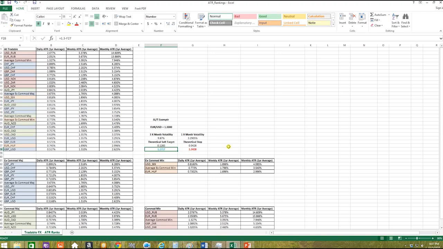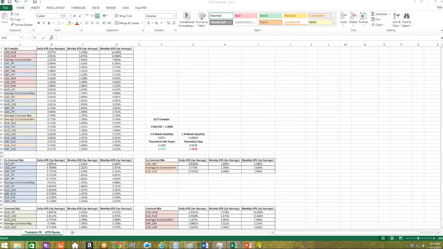And then you've got enough room to maneuver, to add to the position and create a situation by rolling the stop loss where you have a free trade.